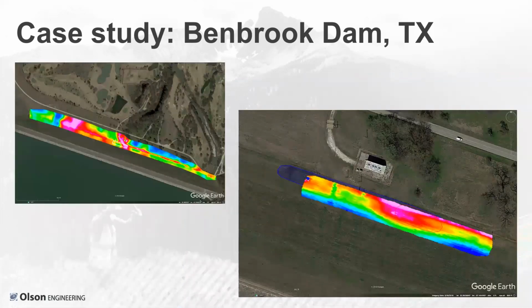So here are two plots of the apparent conductivity measured with the Geonics EM31 frequency domain electromagnetic induction instrument seen previously. The one on the left is a large scale survey where we did, I don't remember how many lines, I think it was 10 or 15 lines across the toe of the dam. On the right, that area is zoomed in, which is the small white box on the left figure.